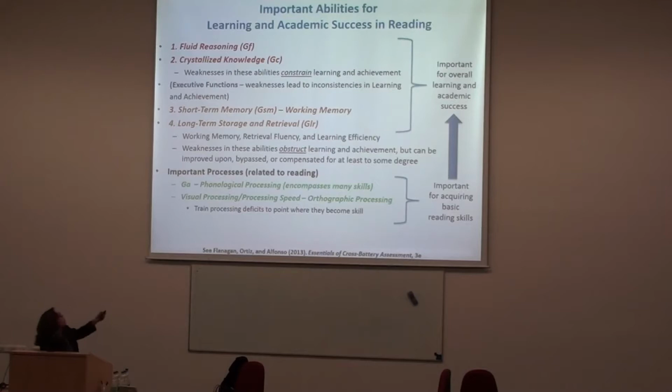Once we get into identifying a deficit in crystallized knowledge or fluid reasoning, now you're getting to a point where these are broader, more overarching kinds of abilities. And so when they're weak or deficient, they place upper limits on learning and production. So what you're likely to see is a slower rate of learning and a lower level of learning.